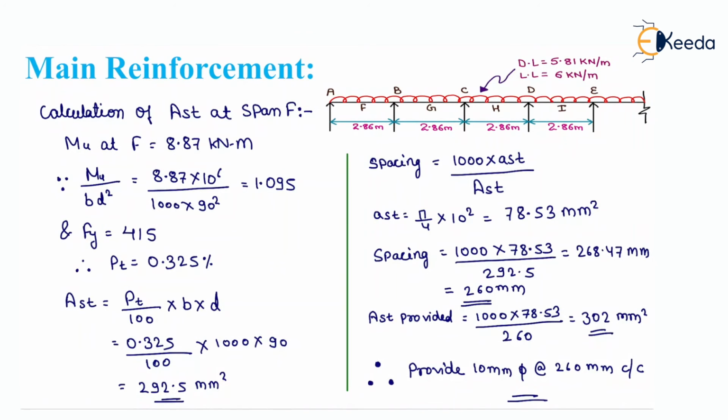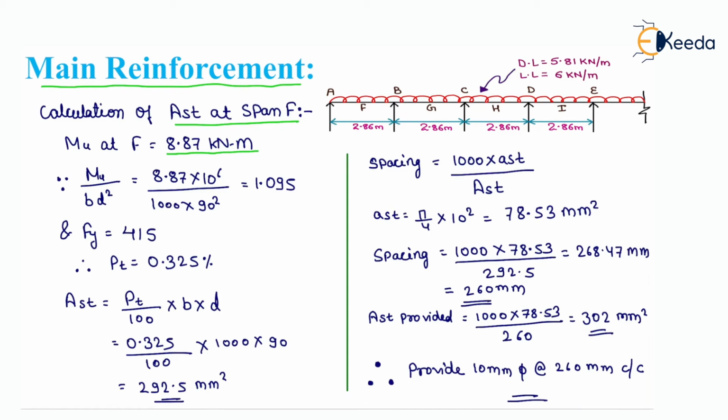Now moving to the next step, calculation of main reinforcement. Calculation of Ast at span F. Now the moment at F is 8.87 kilonewton meter, and then we calculate the percentage of reinforcement. It will be calculated by using the table given on page number 48 of IS 456.